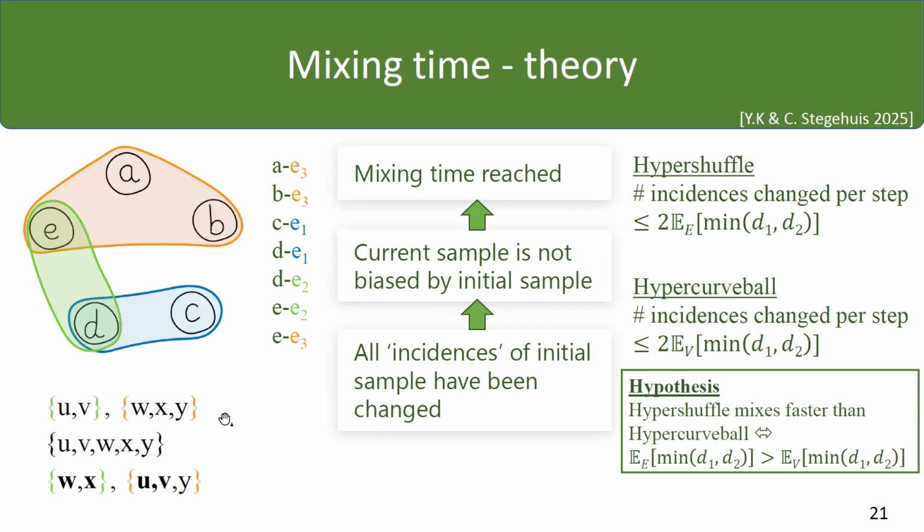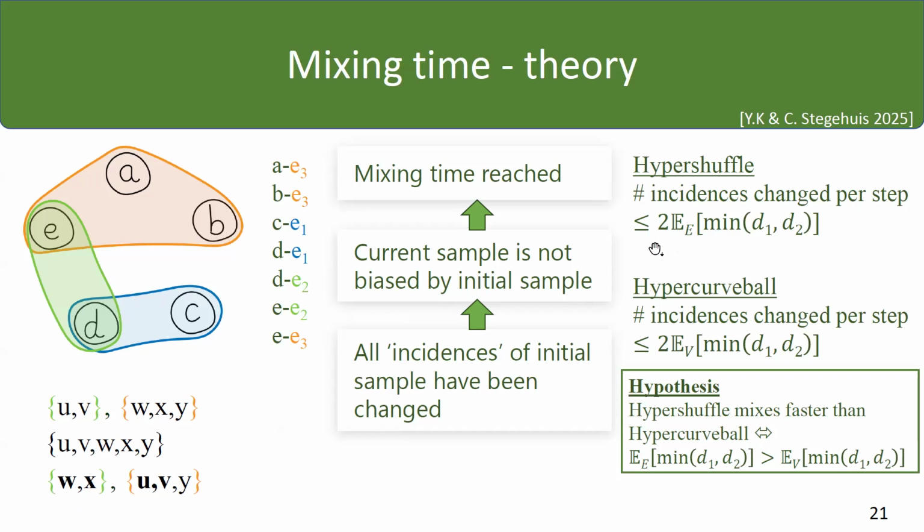And now the maximum change that we can make towards the hypergraph that we are currently at is, in this case, if we change all the incidences in the smallest hyperedge, and we change them with the nodes from the largest hyperedge. So this is one example. There are different ways to do this. Obviously, in the algorithm, this is all random, but here I'm looking at the extreme case. So what is the most change that we can make within one step? And that's always twice the number of nodes in the smallest hyperedge.